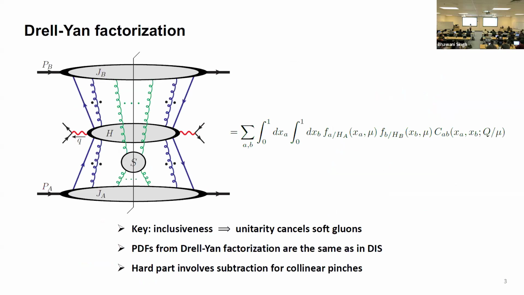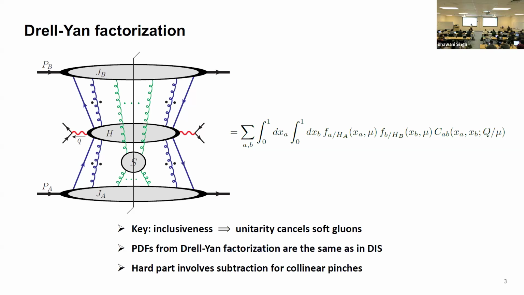And the factorization formula, as you have probably seen before, takes the form of the convolution of two PDFs and the hard coefficient. And the procedure for factorizing this is very complicated, and a great deal of complication associates with the cancellation of soft gluons.